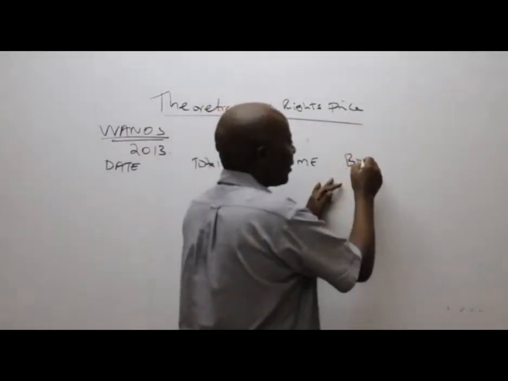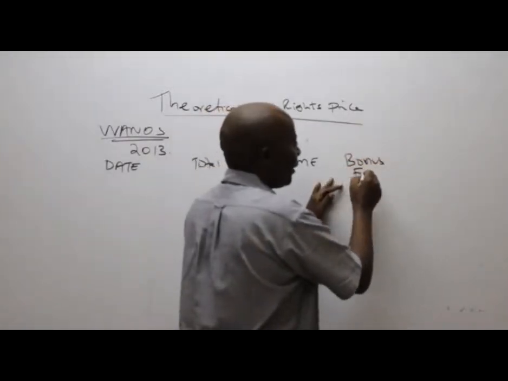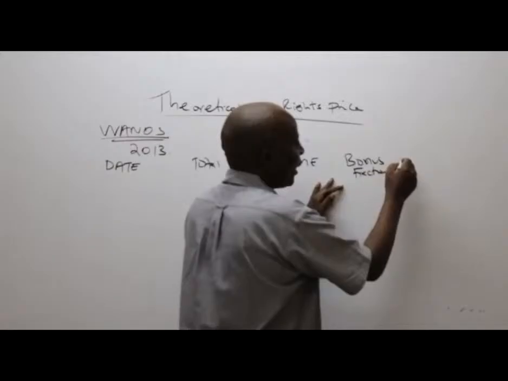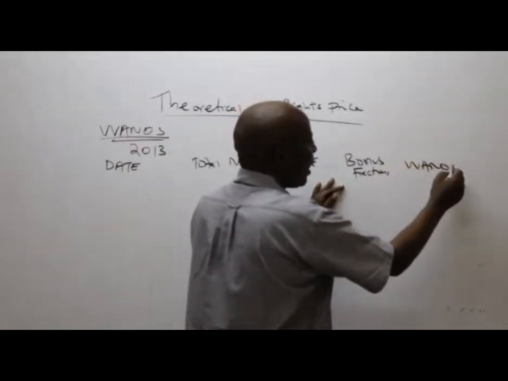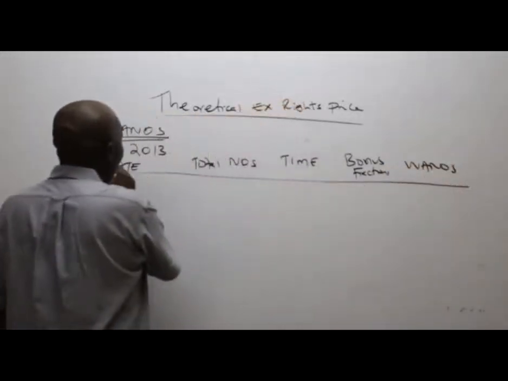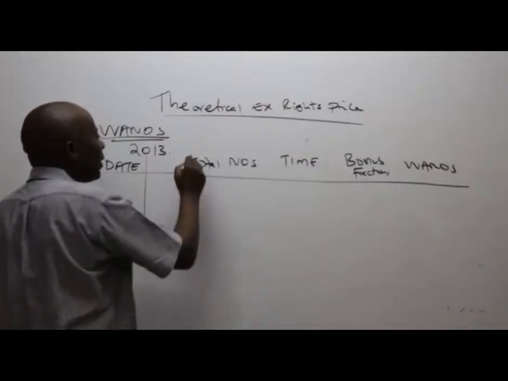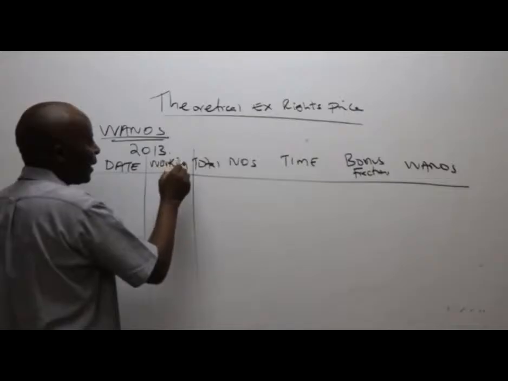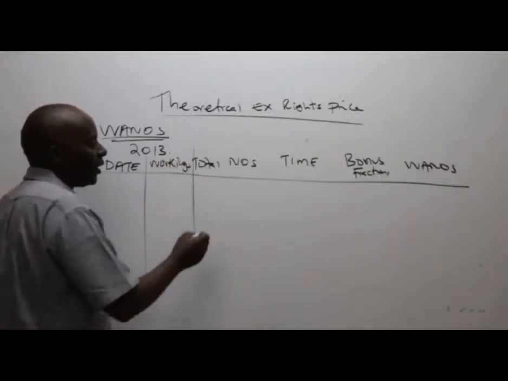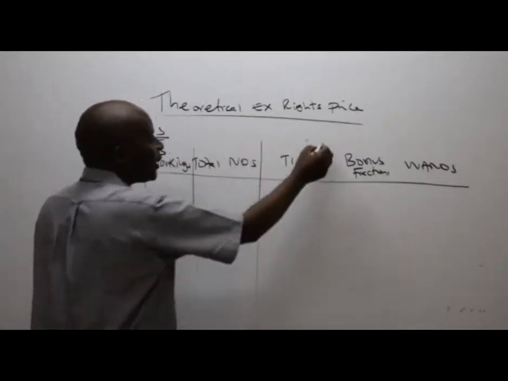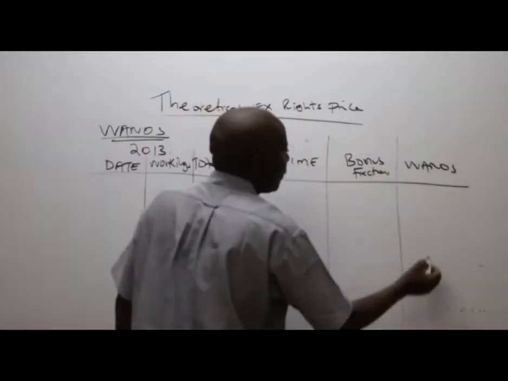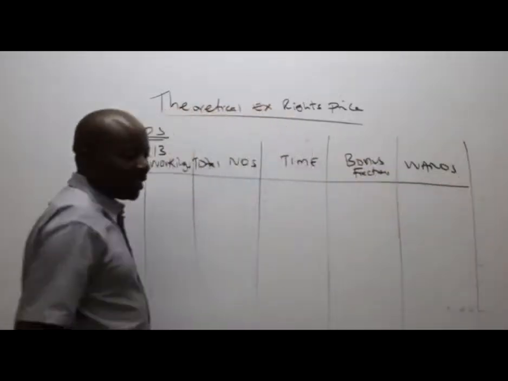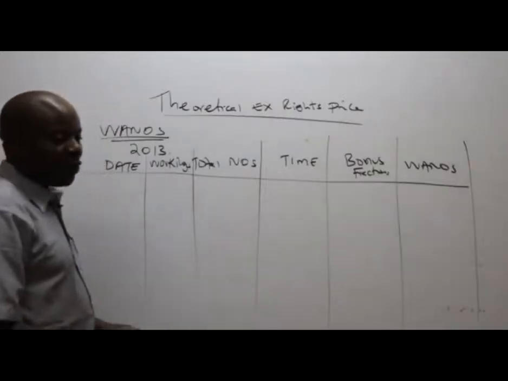We have the bonus or the rights fraction, isn't it? And then lastly, we have what here? The one-os like that. Remember, you must isolate. Even if you want, you can also put workings in the middle here. I have seen some people put workings in the middle, which is still okay. So we have the total number of ordinary shares, we have time, we have bonus fraction, and then we have one-os like that.